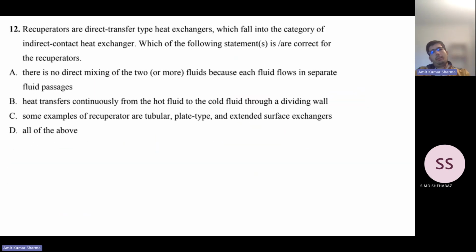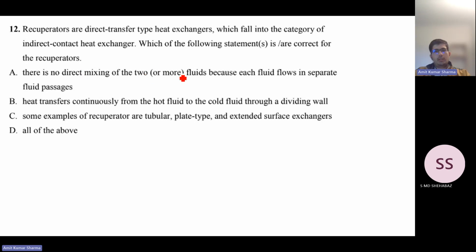Okay. So now question number 12. Recuperators are direct transfer type heat exchangers which fall into the category of indirect contact heat exchangers. Which of the following statements are correct for the recuperators?